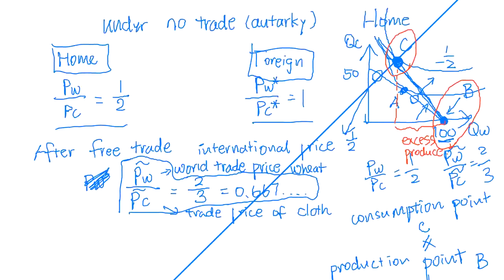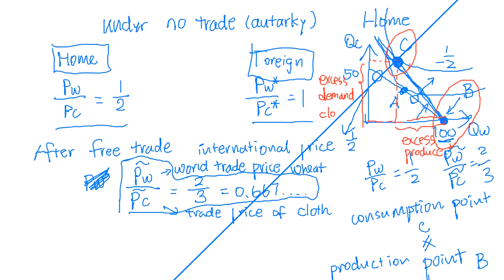However, the home country didn't produce any of the clothes, and their consumption of clothes is here. Here is the excess demand of clothes.